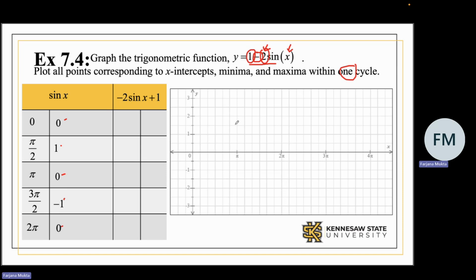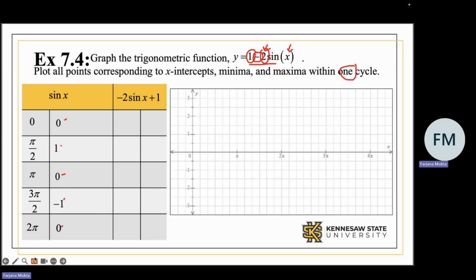Okay, so now recall the order of operations. According to the order of operations, the first one was horizontal shift, then horizontal shrink or stretch, then vertical shrink or stretch, and the last one is vertical shift.